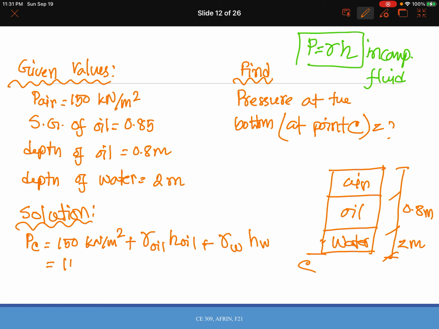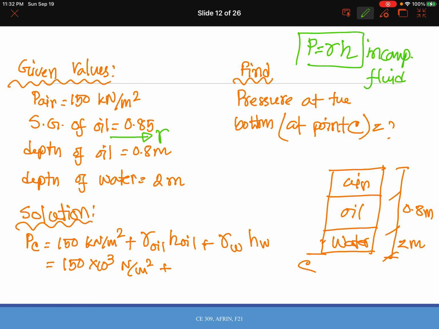Okay. So 150, since kilonewton is not the standard unit, I can convert that into Newton per meter square, plus gamma oil is not given, but specific gravity of oil is given. So we need to do one extra step here.